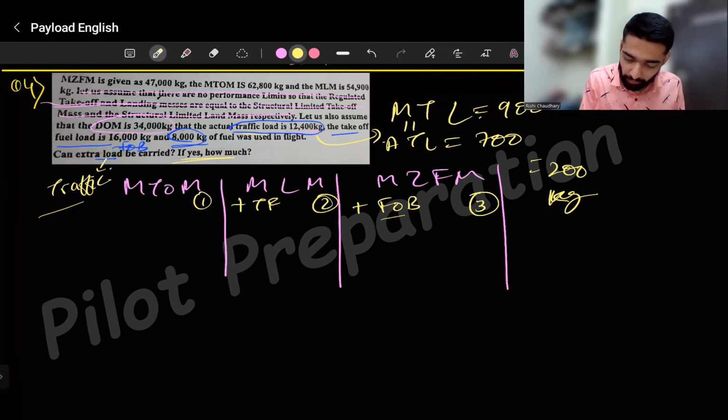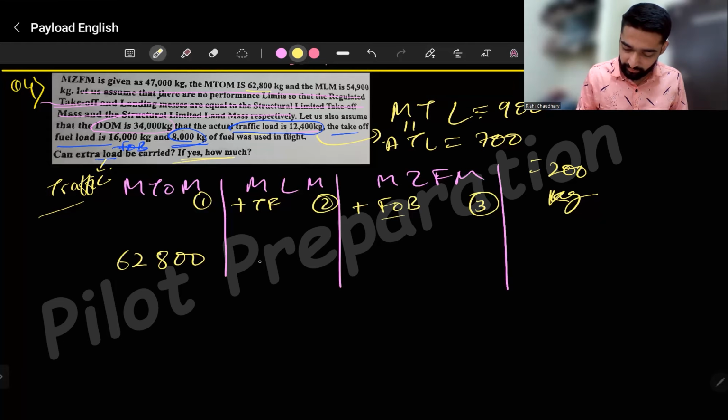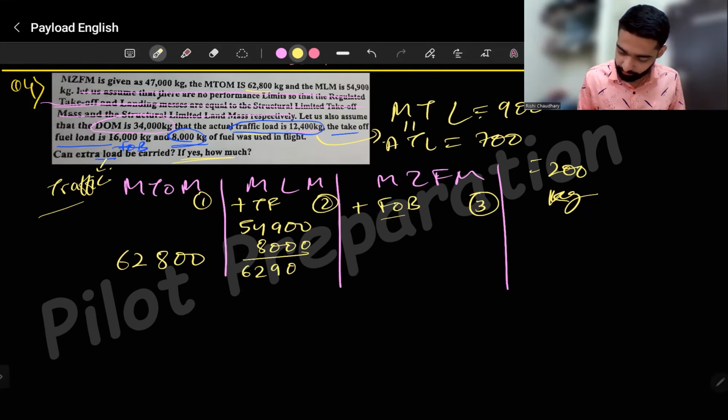First is maximum takeoff mass, that is given as 62,800. Then I have maximum landing mass, which comes out to be 54,900, and trip fuel as 8,000, so this will be 62,900. Now the third is MZFM plus FOB.